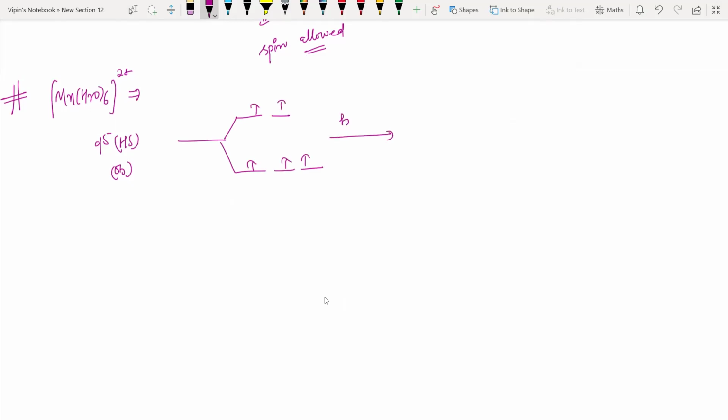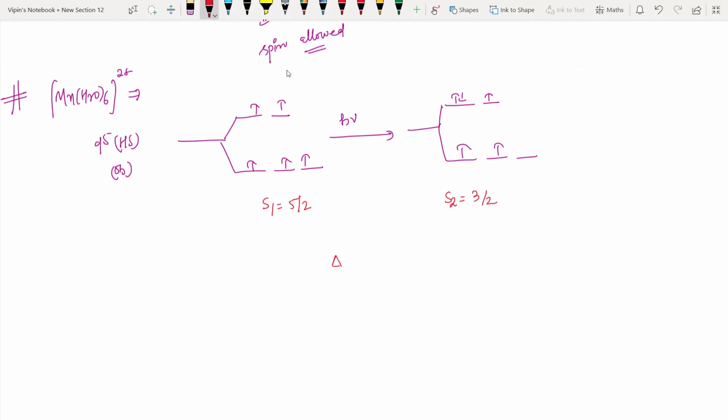If we excite an electron from this energy level to this energy level, then the arrangement of electrons will be like this, but there will be pairing of electrons in the eg set. Here the S1 value is 5/2 because there are 5 unpaired electrons. Here the S2 value, the total spin quantum number of the second state, will be 3/2.